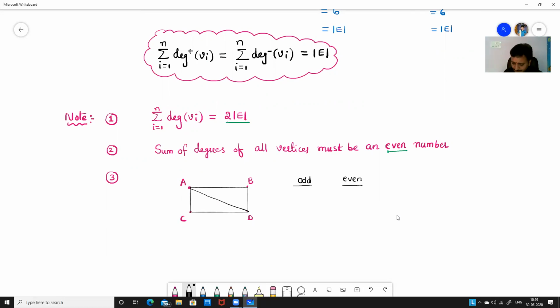Clearly the degree of A is equal to 3 because there are 3 edges incident on A. Therefore A is an odd vertex. Similarly, the degree of D is also 3, therefore it is also an odd vertex, right?